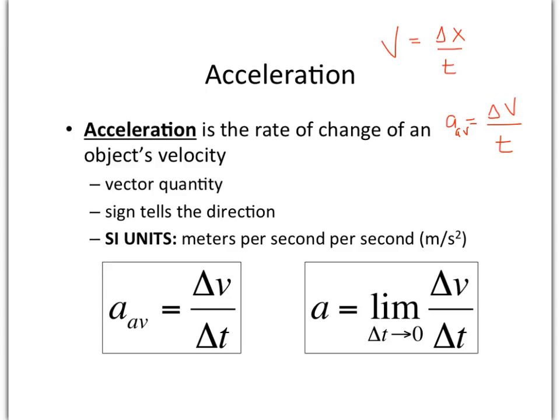We can find instantaneous acceleration by doing the same thing, by taking 2 points on a graph. So we'll say we have, I don't know, an acceleration graph, kind of like that. We've got a point in time here and maybe a point in time here, and so that's a delta t.